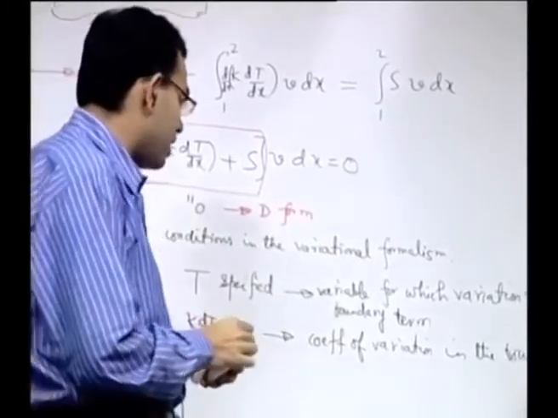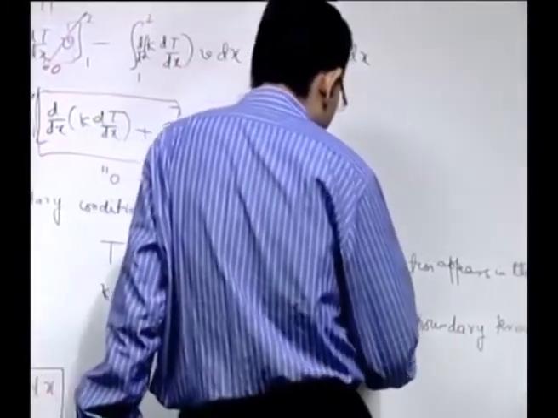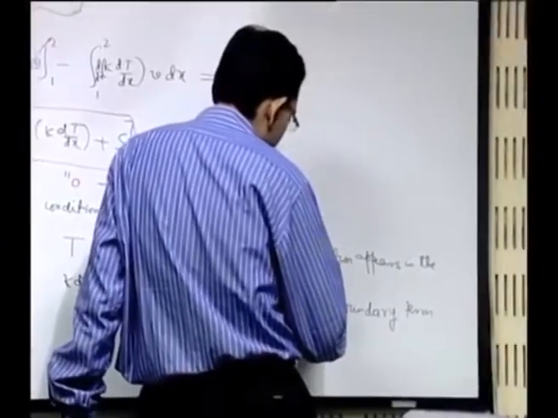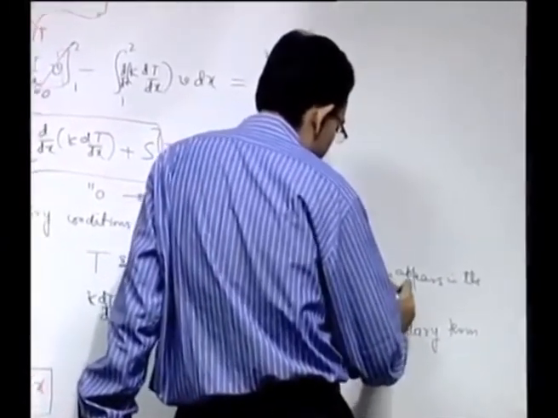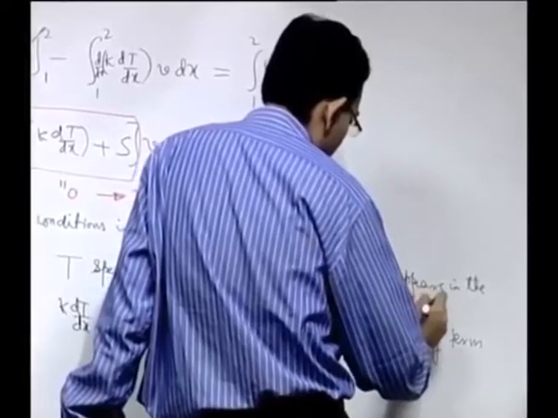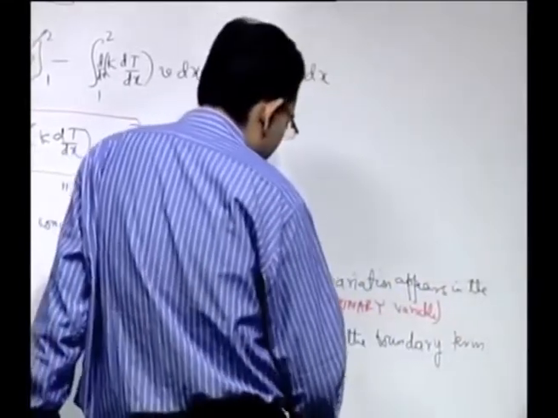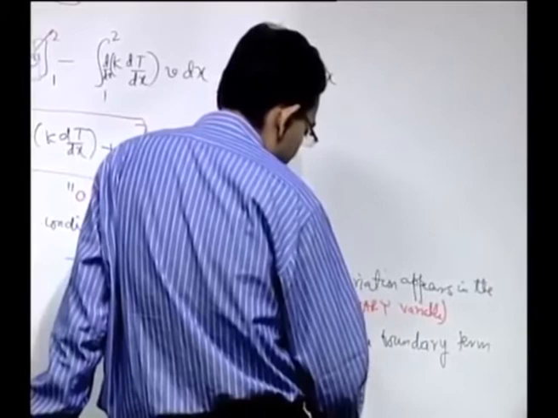The first type of variable is called the primary variable, and the second type of variable is called a secondary variable.